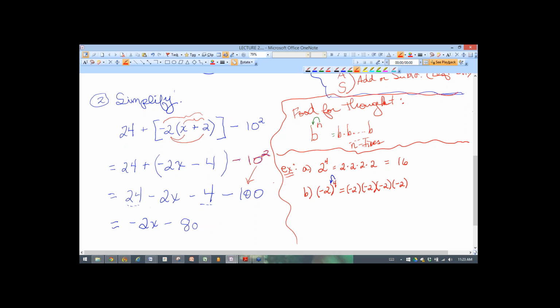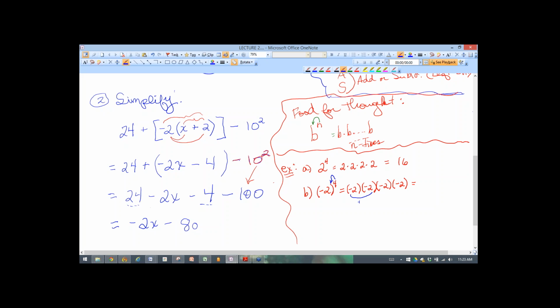And of course, when I have an even exponent, I'm always going to get a positive result, whether I'm raising a negative number or a positive number. Here's why. I'm going to come down here on the bottom and make a little note. What is negative 2 times negative 2?